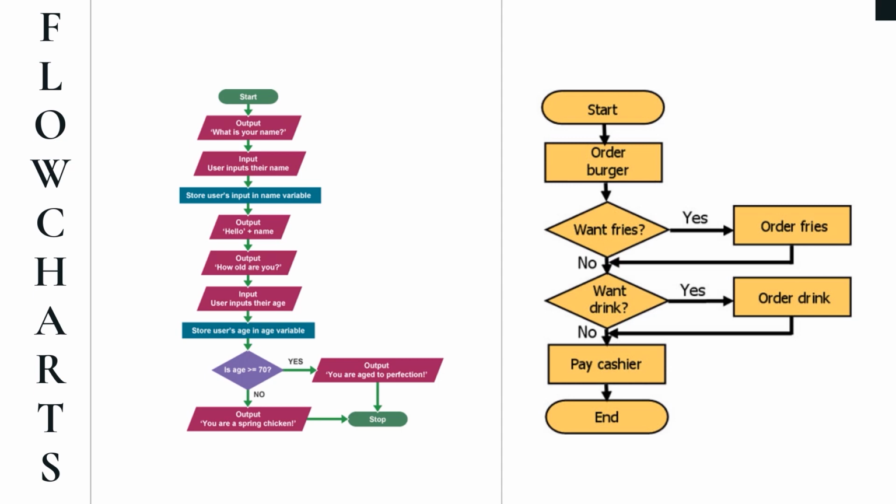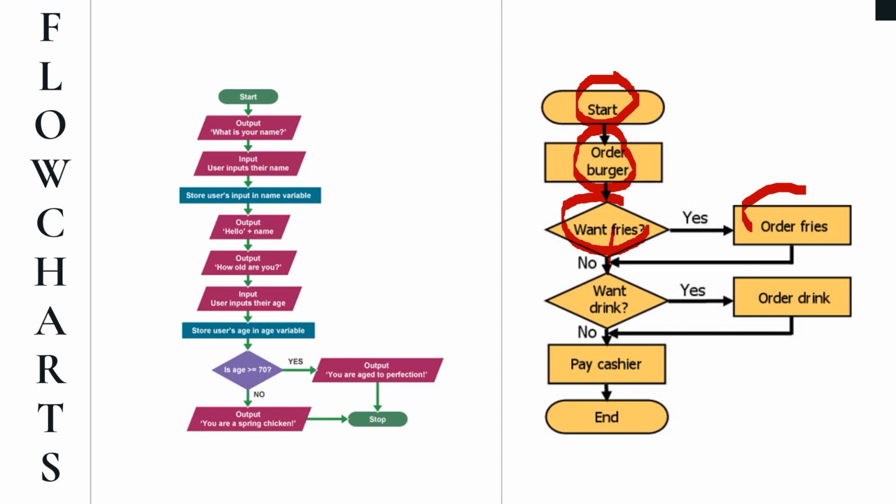So it's a very detailed process. We need to start, and then you order a burger. If you want to add fries, then yes, you order. If not, you go directly down. One more question: do you want a drink?